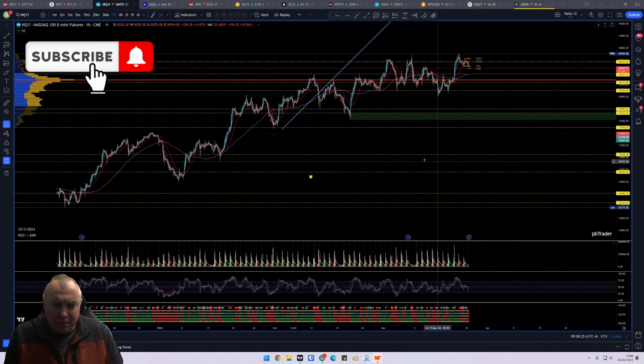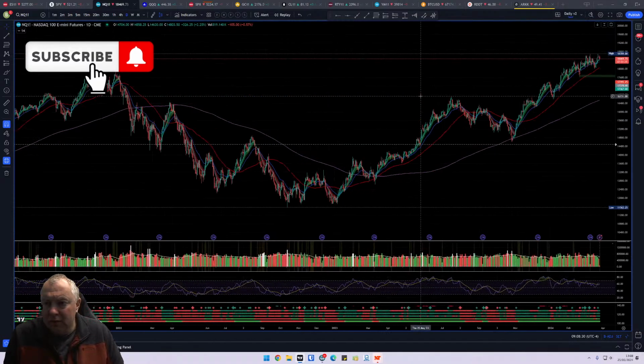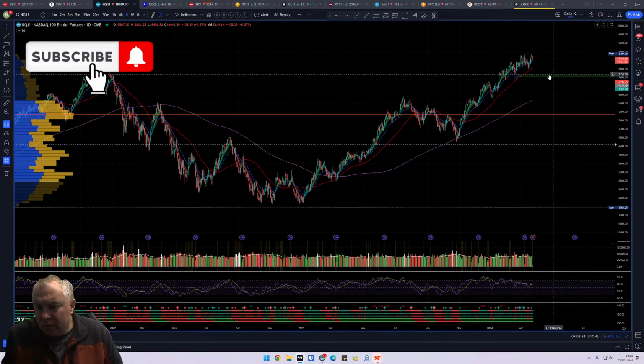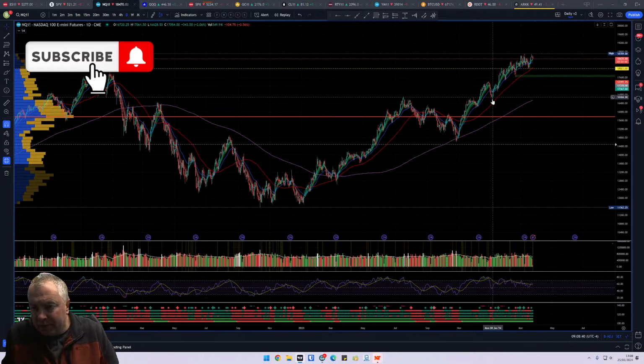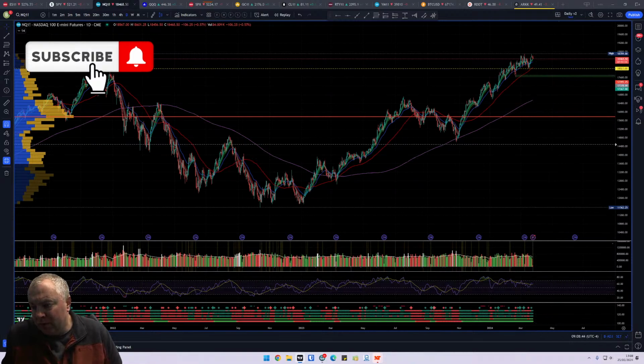And then looking at the bigger picture, the daily on Nasdaq. We're not putting any new highs. We've got this area of confluence just there. So 18,000 round number. If we get down to that area in the week, we can look for a bounce, and that's off of this 50 moving average as well.